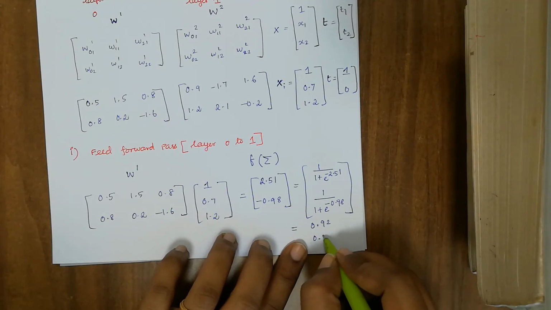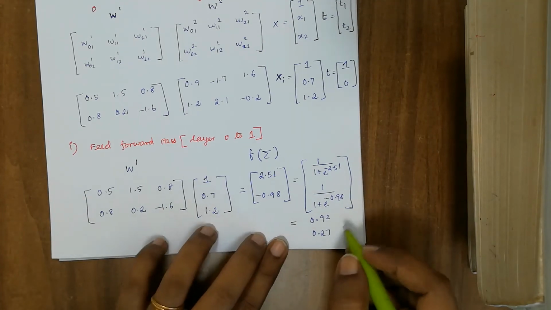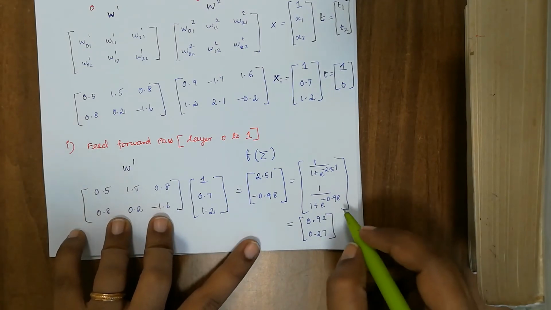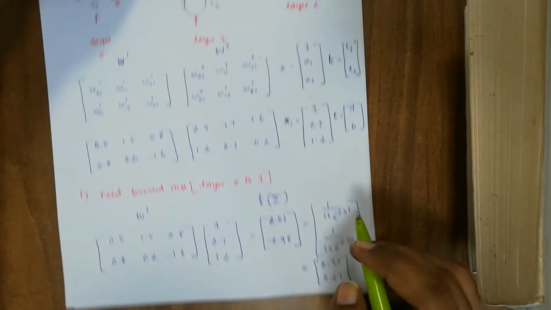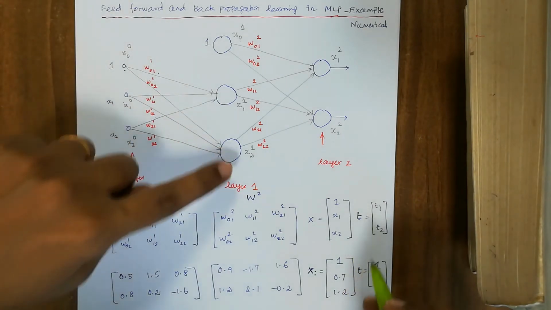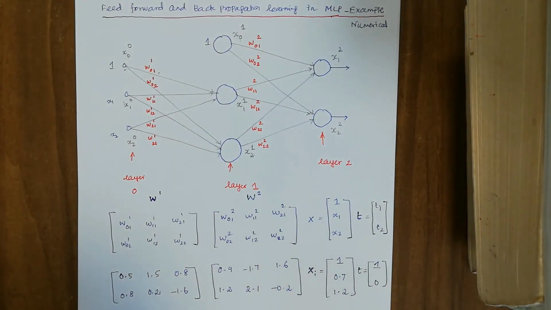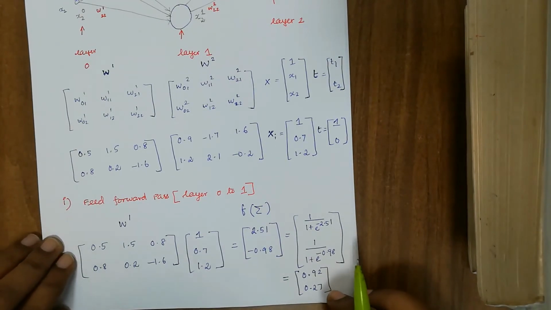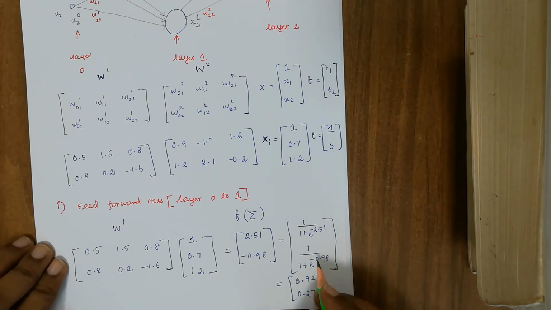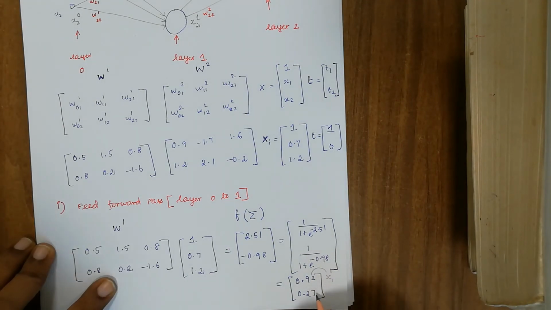0.92 and then 0.27. Okay, so this is nothing but the value that we have obtained here as well as here. So what is the value that we have obtained? 0.92 and then 0.27. So what we have computed is x1 1 and this is nothing but x2 1.